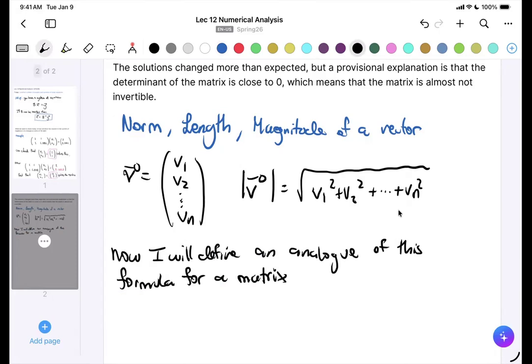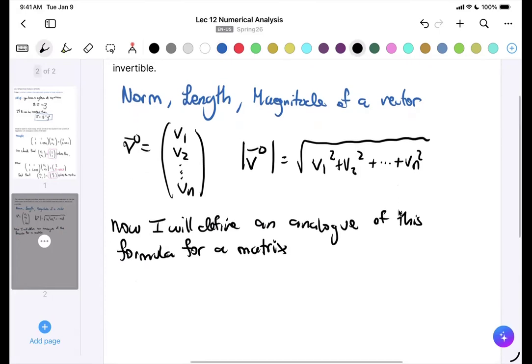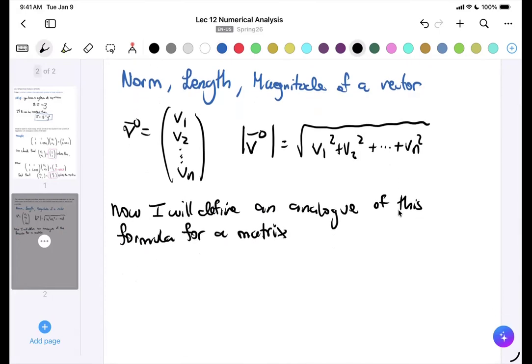Okay. So this is going to be called the matrix norm. And again, I'm calling my matrix B for today, just so that you don't think it has anything to do with the matrix A from previous classes.